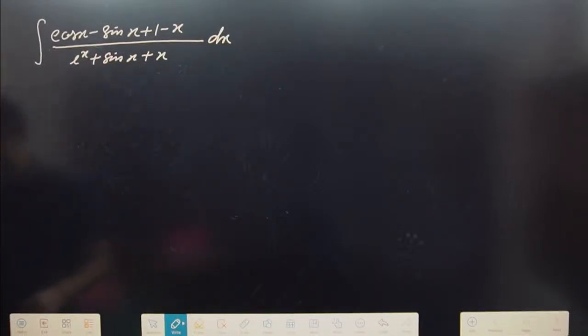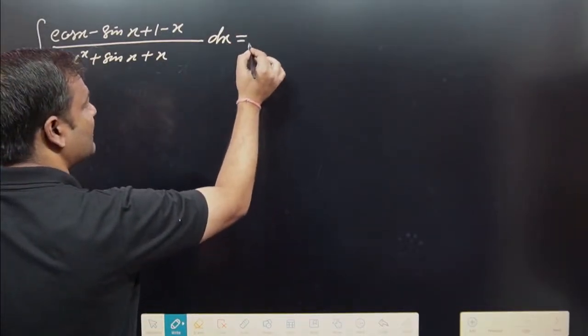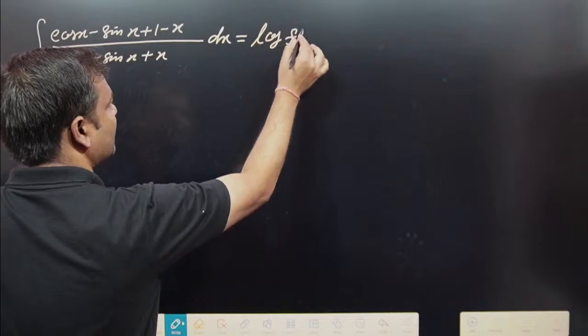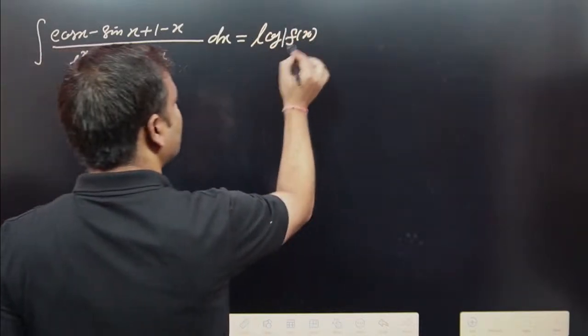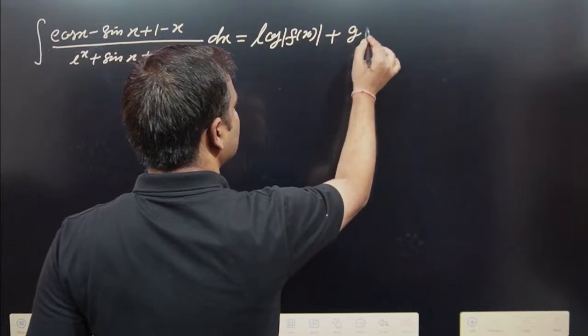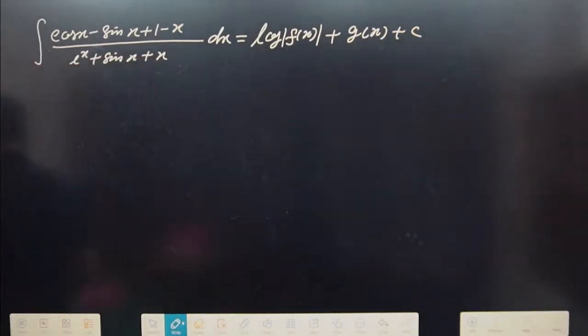How can we do it? And this one is written as log of f of x plus g of x plus c. Our motto is to determine f of x and g of x.